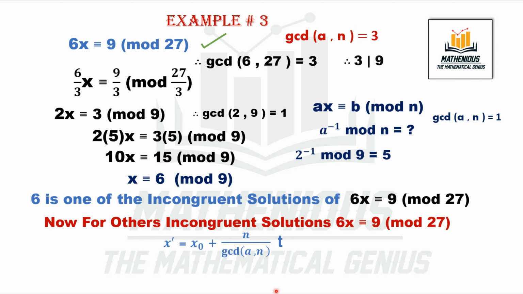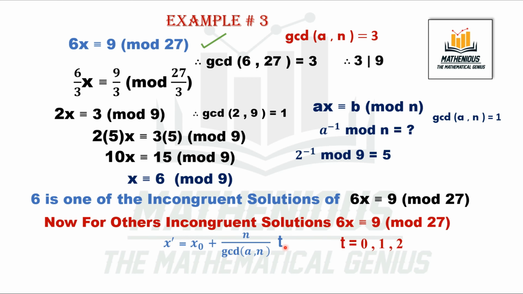I have discussed in the previous lecture that the value of t varies from 0 up to less than GCD of a and n. In this case, GCD of a and n is 3, so the value of t should be 0, 1 and 2. Now simply put the values of t one by one. All of the other variables are fixed.